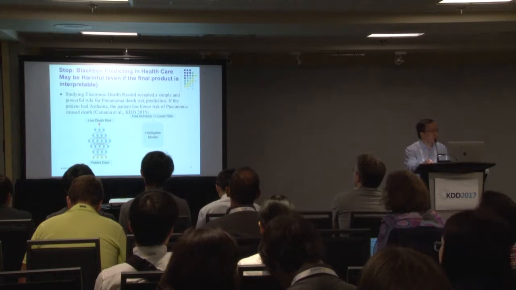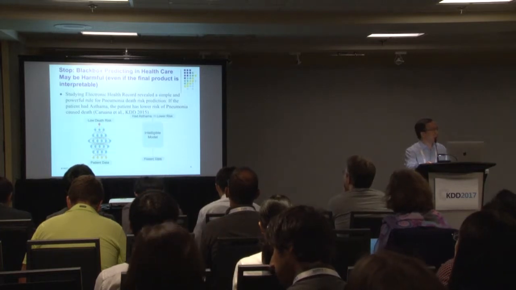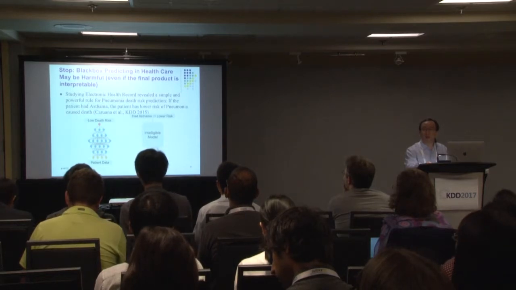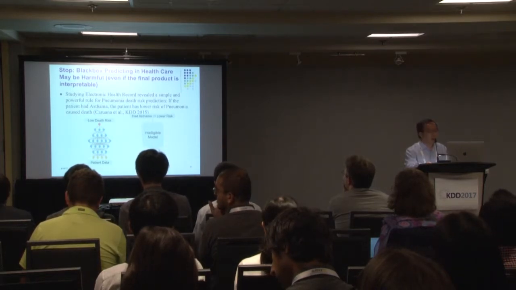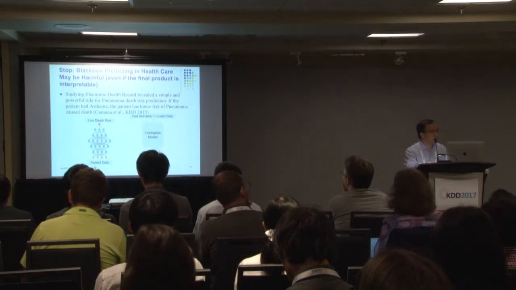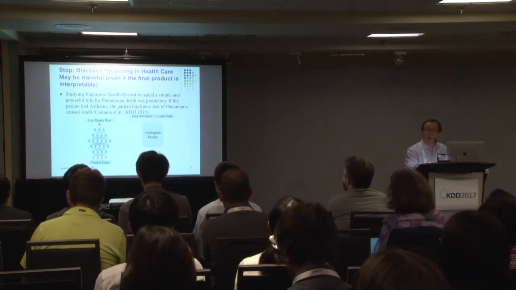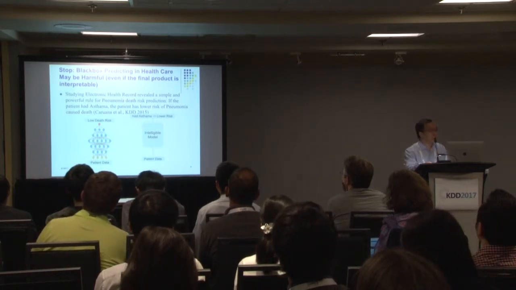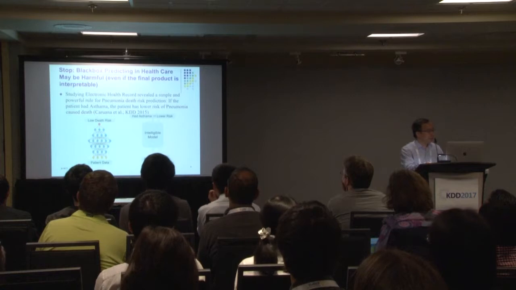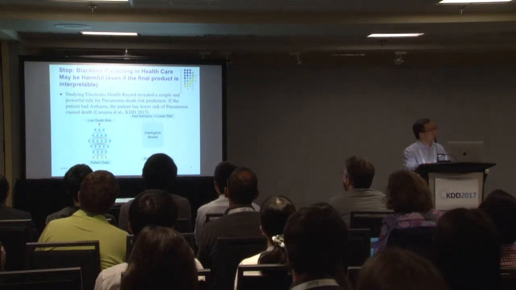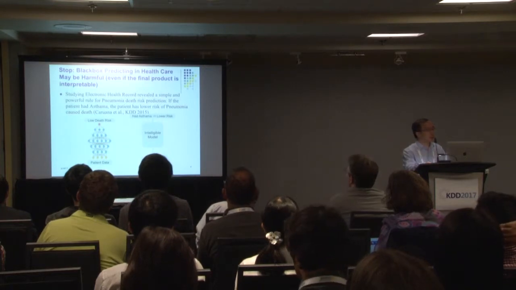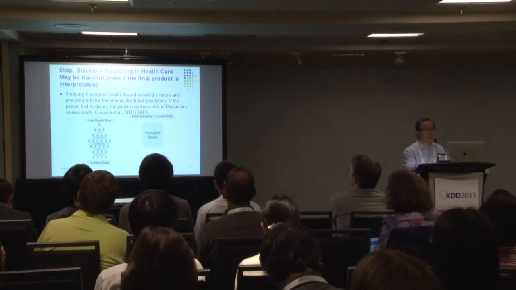Among the many case studies that demonstrated the importance of transparency and interpretability, I find this case study, published at KDD 2 years ago, the best one I found so far. What they did is look at the electronic health record. They were trying to build a model to predict the risk of death caused by pneumonia.